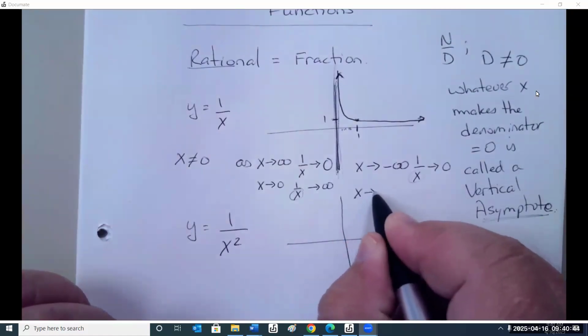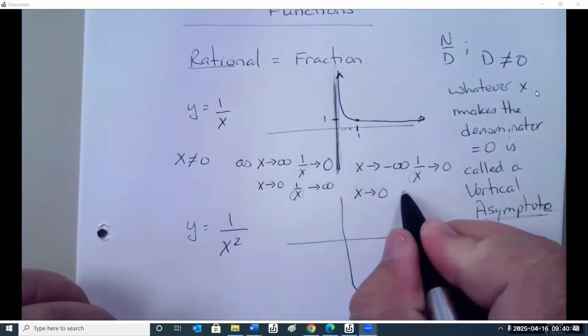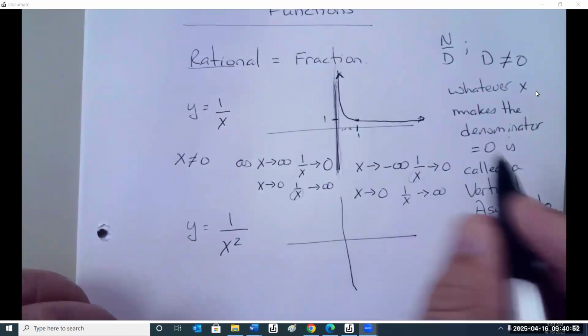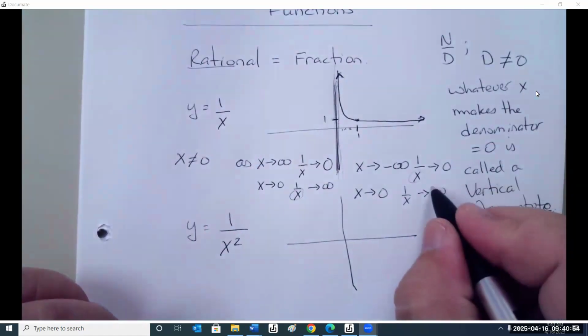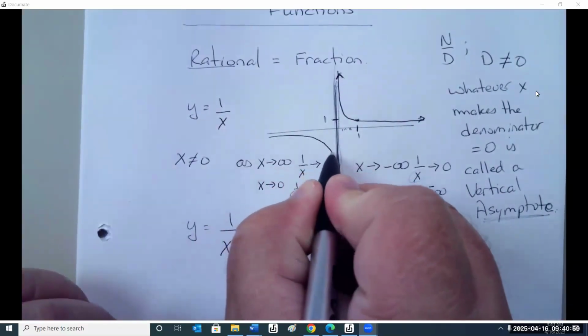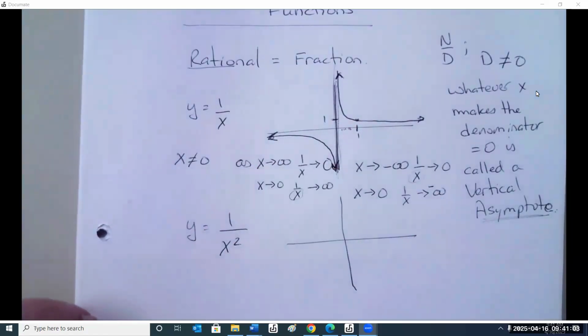As x approaches 0 from the left side, 1 over x still goes to negative infinity. So our graph on this side looks like this. We talked about that 10 weeks ago. Library of functions.